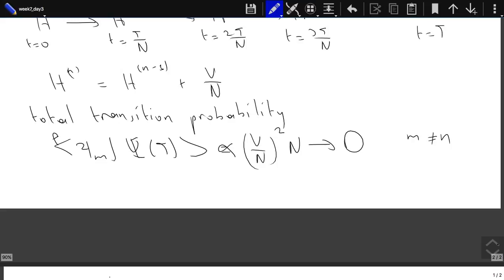Why is the name adiabatic used, as we said? There is no energy input even though we change it. And why is it called adiabatic? In thermodynamics, the name adiabatic comes from there being no heat given to the system.